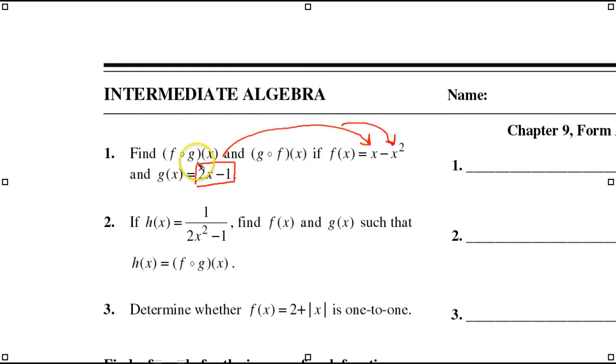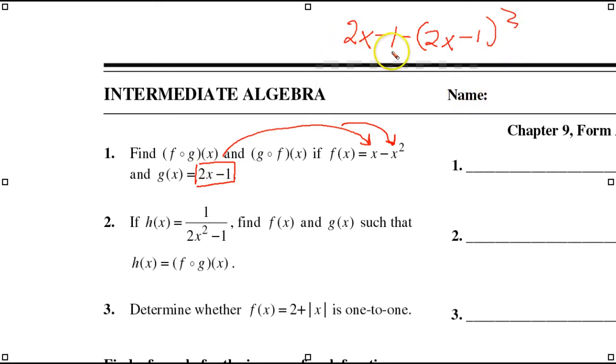So what we're going to be doing here is taking this function of g and putting that in the f function where the x's are. So we have to put it there. So that would be 2x minus 1. And then it's going to be minus. And then we're going to put the x there, which is 2x minus 1, the quantity squared.